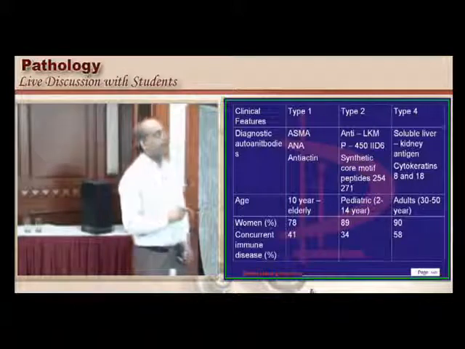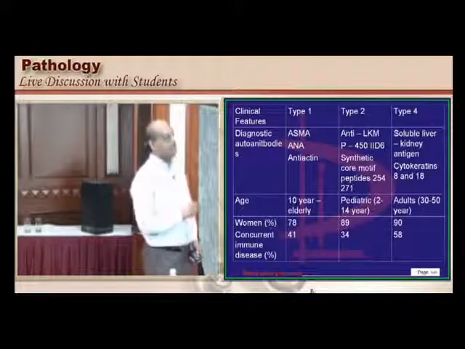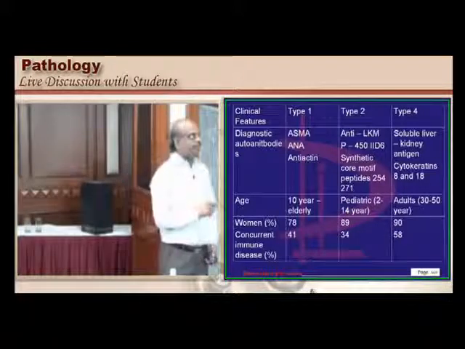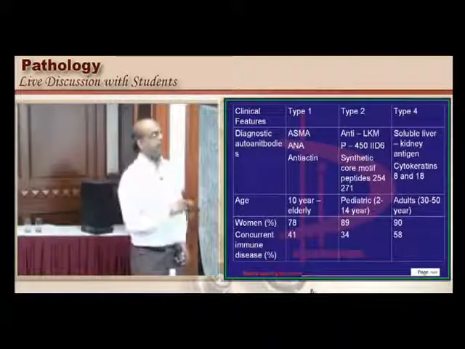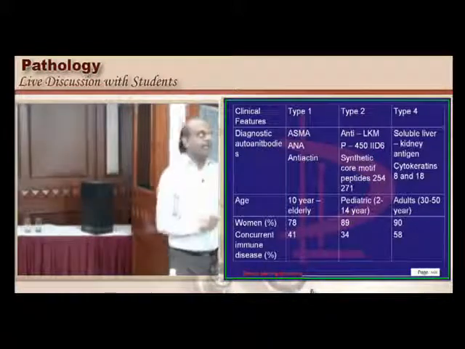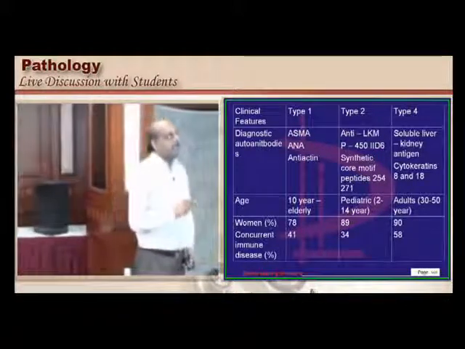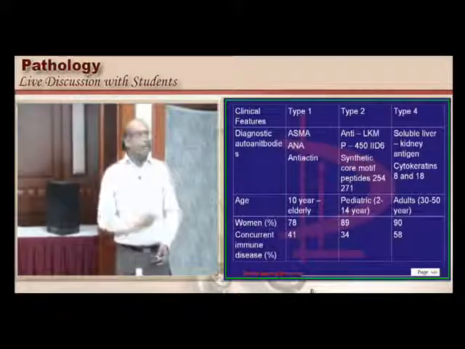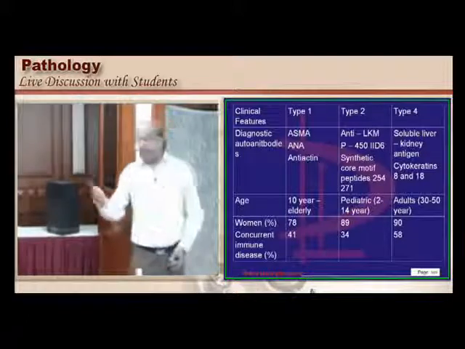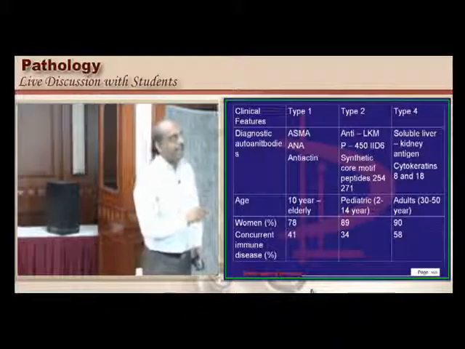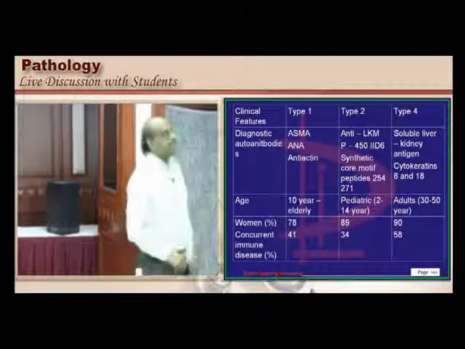Similarly, there is something called P450 2D6 which is positive in type 2, and synthetic core motif peptides 254 to 271, they are positive in type 2. Then in type 3, what is positive serologically? There is something called soluble liver antigen, SLA. It is typically positive in type 3, not LKM, and cytokeratins 8 and 18 are typically positive in type 3.